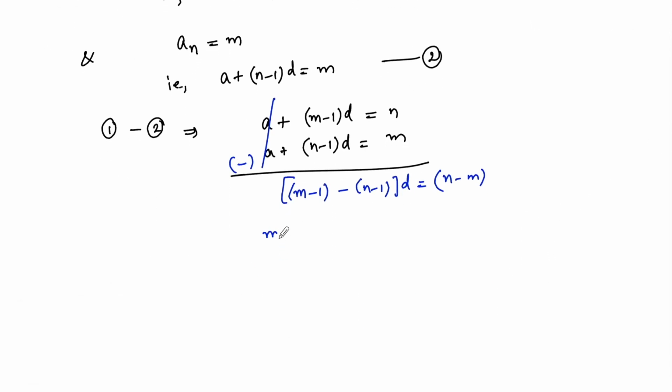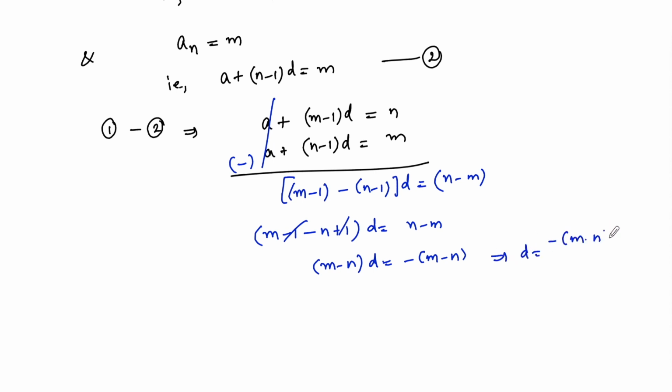On simplifying, m minus 1 minus n plus 1 times d is equal to n minus m. Here minus 1 plus 1 gets cancelled. So m minus n times d is equal to minus of m minus n, or we can write d is equal to minus of m minus n upon m minus n. So the common difference is minus 1.